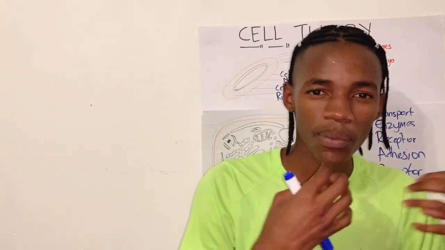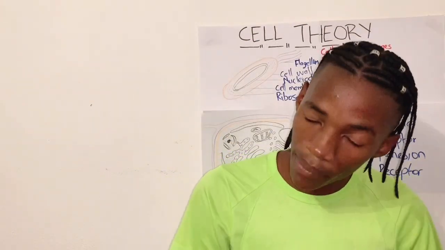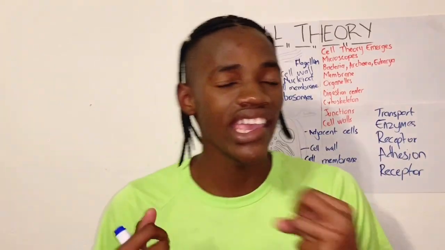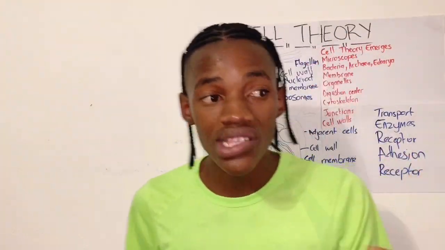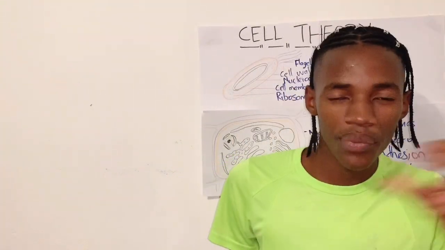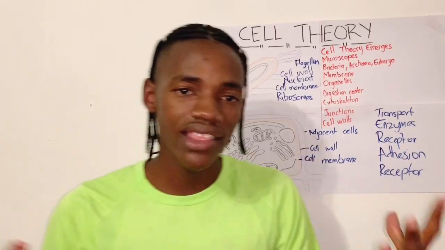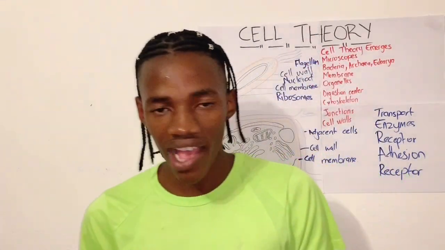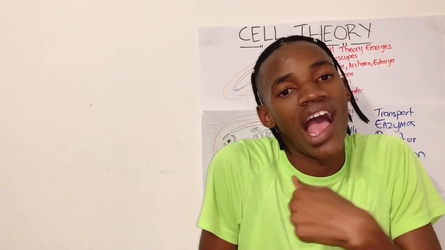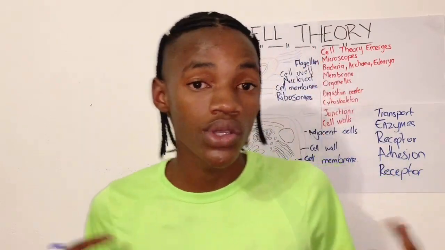The rough endoplasmic reticulum is called rough because it has a roughened appearance, and the roughened appearance is made so by the ribosomes that are attached on its surfaces. And then the smooth one does not have a rough surface because it is not attached by ribosomes.